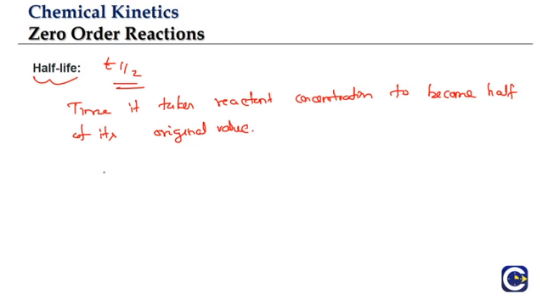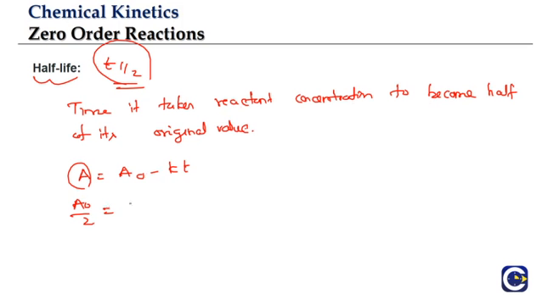So we will see how we can find the T half value for the zero order reaction. For the zero order reaction, the integrated rate expression is A is equal to A naught minus kt. To find T half, the A value should be equal to A naught by 2, because the concentration at T half should become half of the original value.